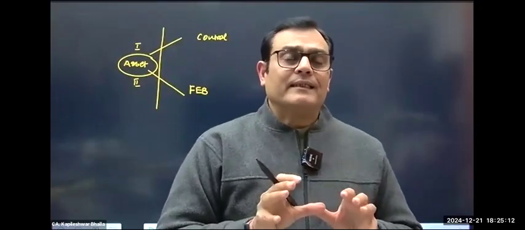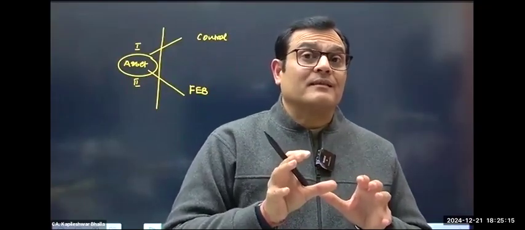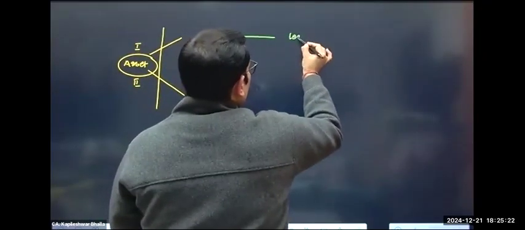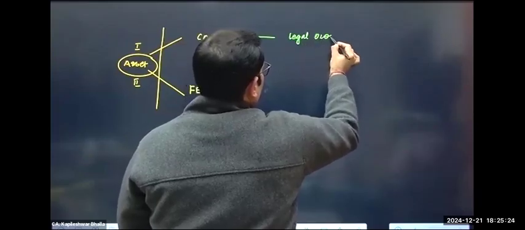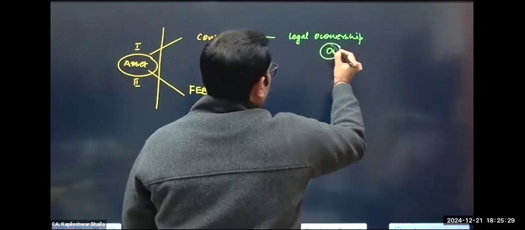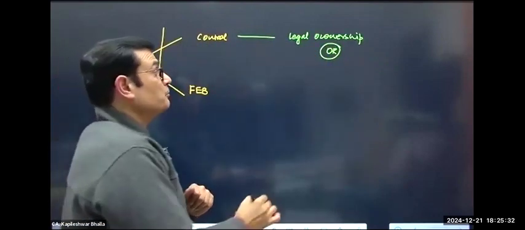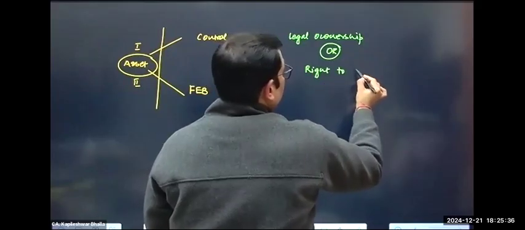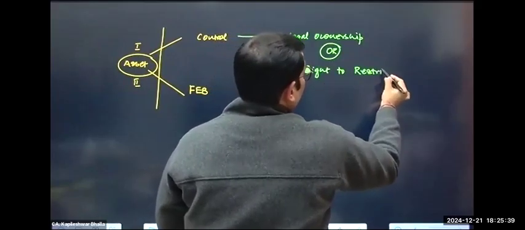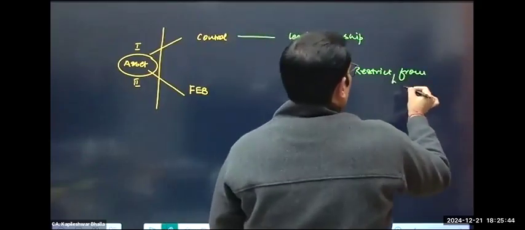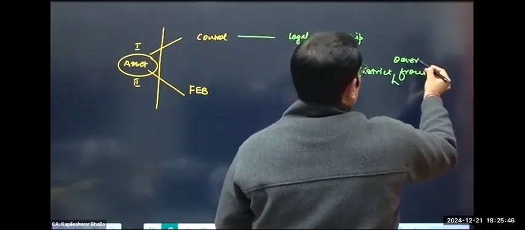So before you call anything an asset, you prove that there is control. How do I prove control? Control stems from either legal ownership, where you prove that for the item in question you've got legal ownership. And if not legal ownership, then you need to prove that you have the right to restrict others from use of the asset.